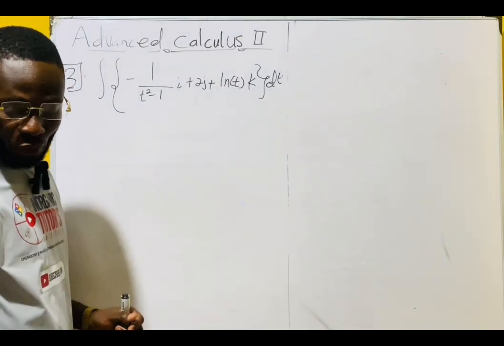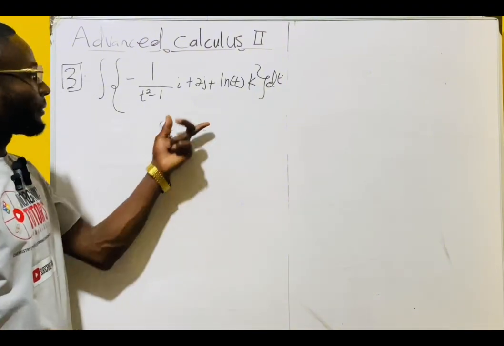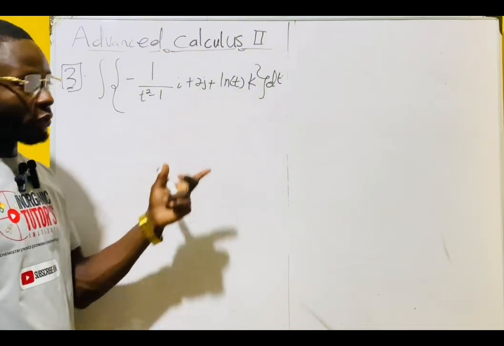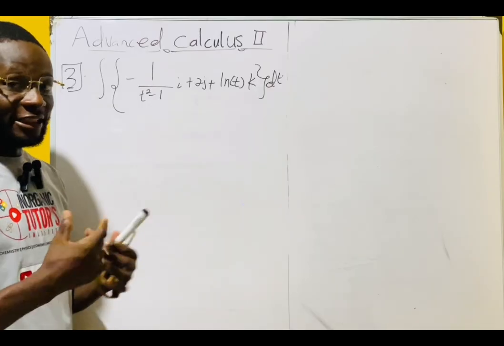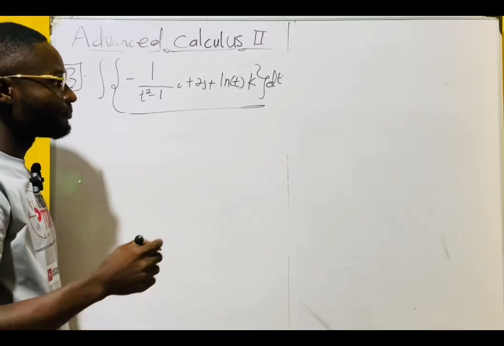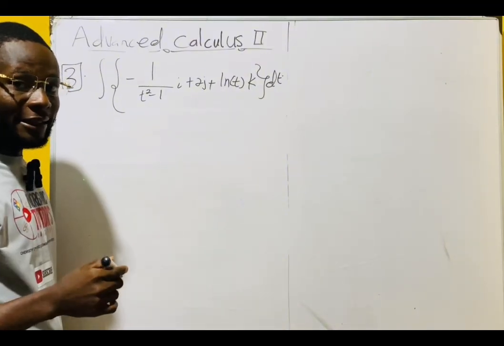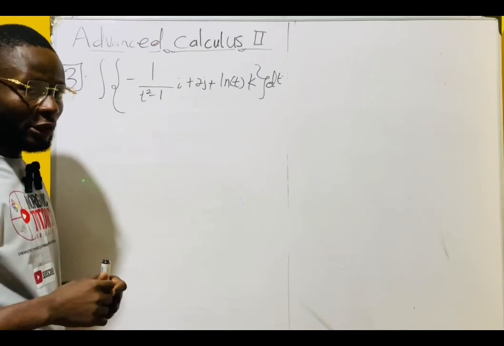Okay, we want to evaluate this particular integrand, right? So from our lecture 1, we know that if you have an integration of this nature, integrate it term by term or component by component, right?